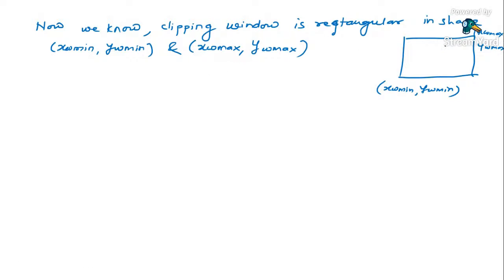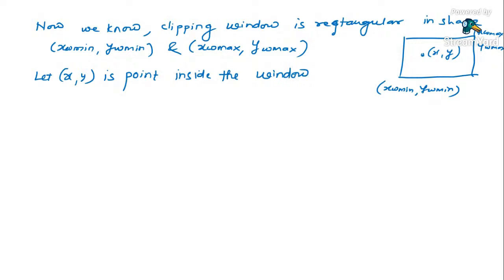Now suppose any point x comma y is inside the window. How can we calculate whether the point is inside? By having inequalities. Suppose x comma y is a point inside the window, then it must satisfy the inequalities.